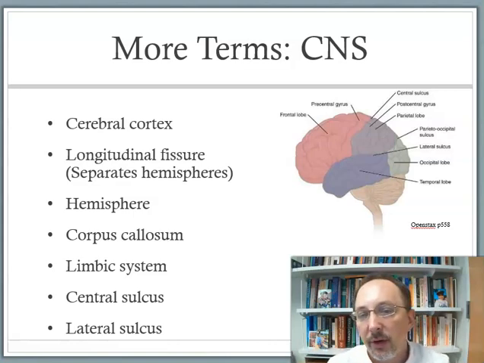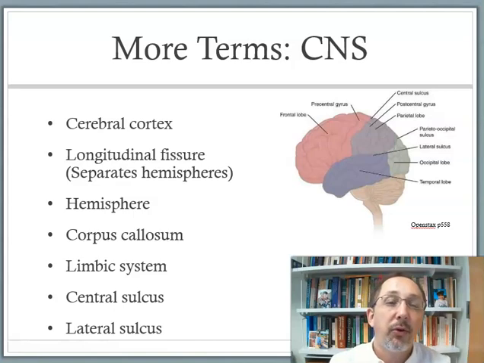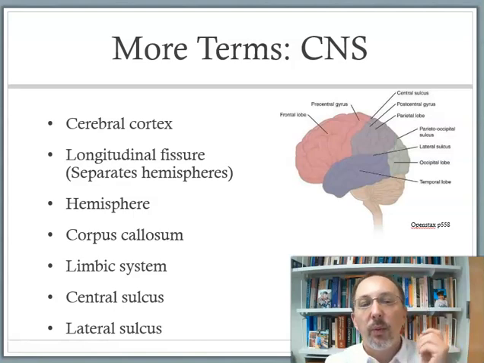The left and right hemispheres are connected by the corpus callosum, a large band of white matter that connects them and basically causes them to function as a single thing. If you were to have your corpus callosum severed, you really would have two conscious selves in your head.